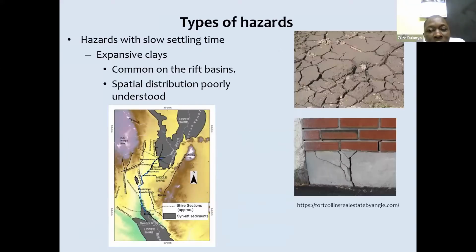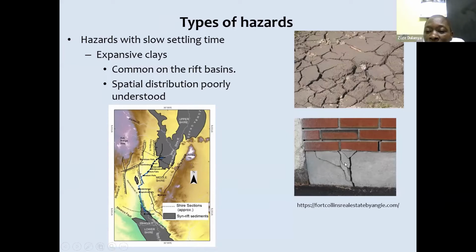The other example that I'm particularly concerned with is expansive clays. Within the Rift Basin, we have areas which have large deposits of clays, and some of the clays in those areas are these expansive clays, the clays that swell when they absorb a lot of moisture and then shrink when they lose the moisture.